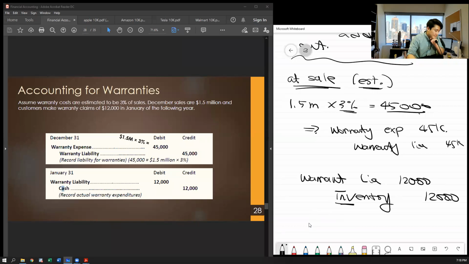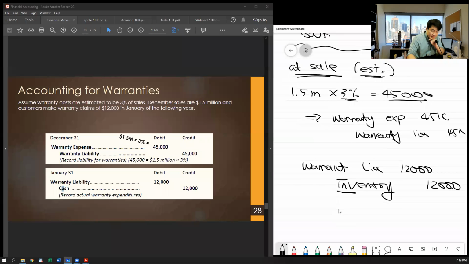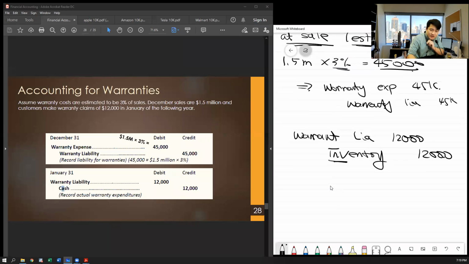Professor, is there a warranty revenue? Let's say the company sells on December 31st, and the warranty is for 1 year.